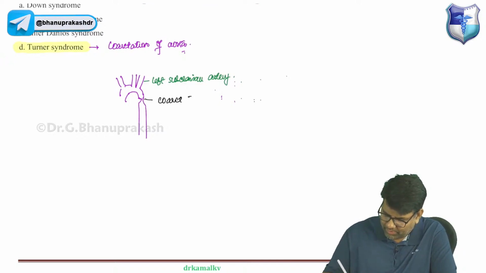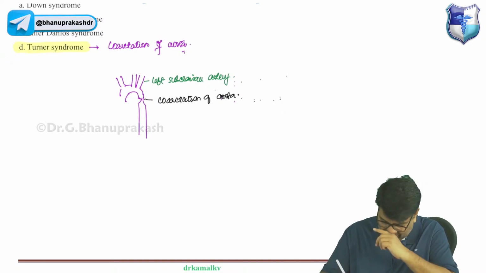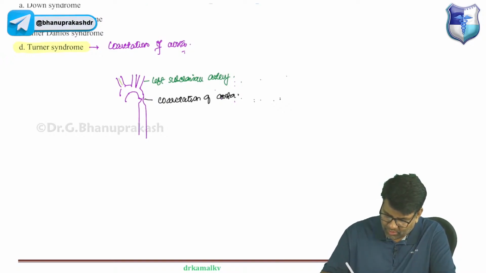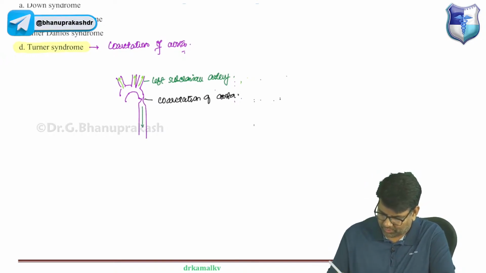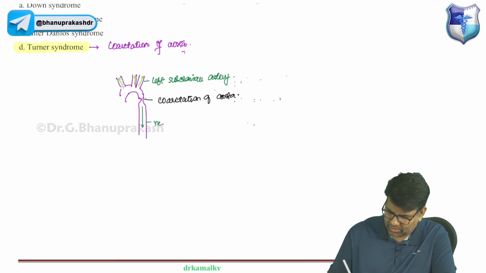Now, what will happen? These vessels are taking the blood flow to the upper extremity and the head and neck area. But the blood flow to the lower limb, going through the descending aorta and abdominal aorta, is reduced because of this coarctation.